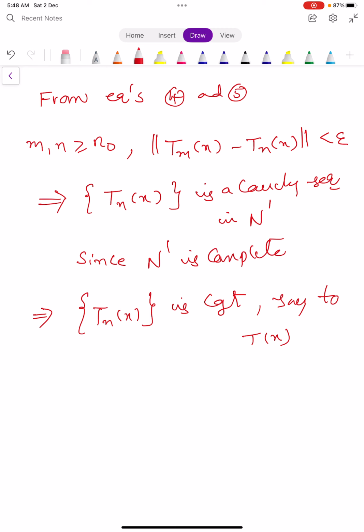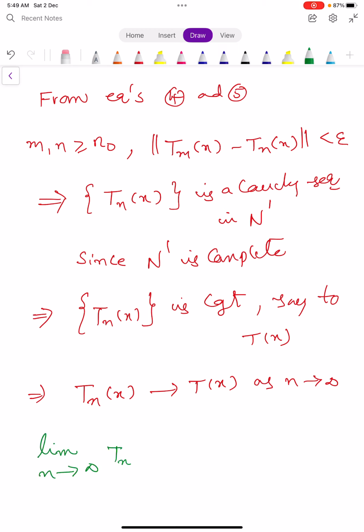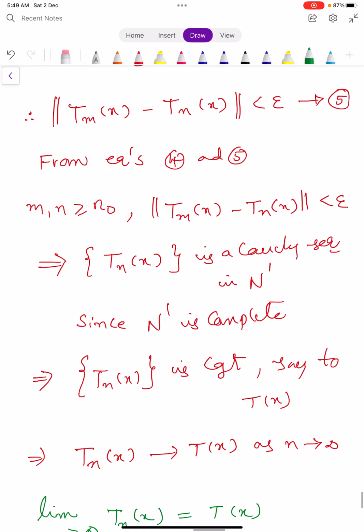What does it mean? Tn of x tends to T of x as n tends to infinity. That is, limit n tends to infinity Tn of x is equal to T of x.